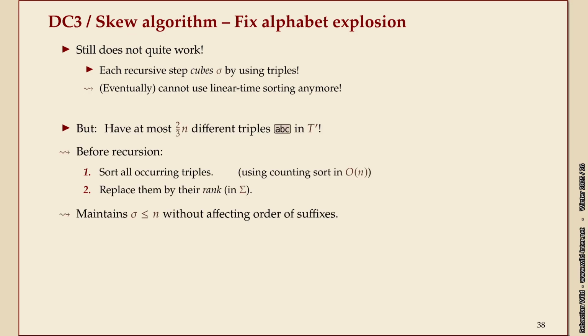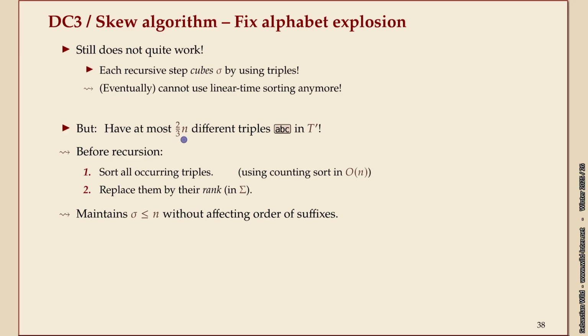But luckily, this is only a fake problem, if you want. Because from these triple characters, there might be sigma cubed different triple characters in existence, but we cannot have more different ones in our actual string than our string is long. So no matter how big the alphabet, our t prime will only contain at most 2/3 n different such characters.